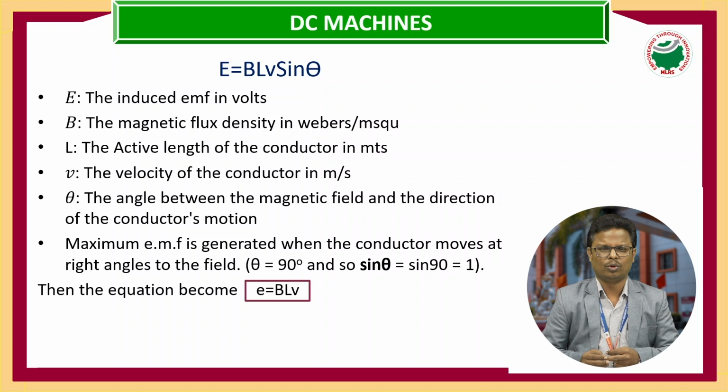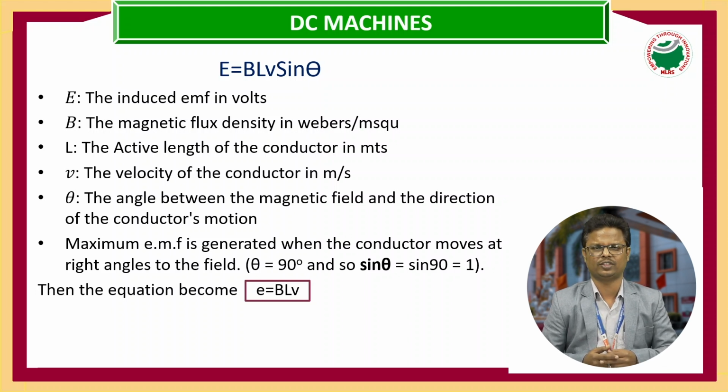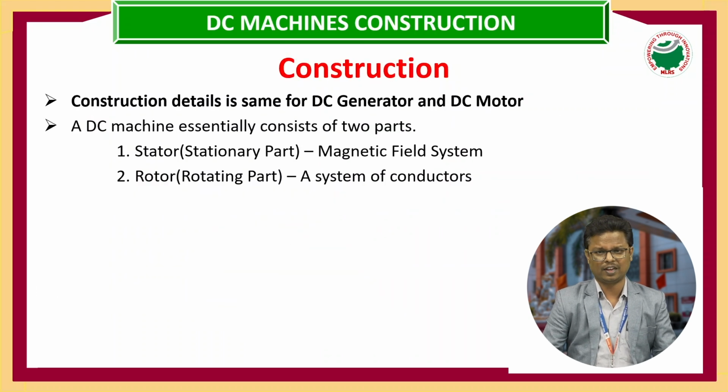To know the direction of the EMF, we use Fleming's right hand rule. Here we stretch the three fingers mutually perpendicular to each other. The forefinger indicates the flux direction, the thumb indicates the motion of the conductor, and the middle finger indicates the EMF direction.